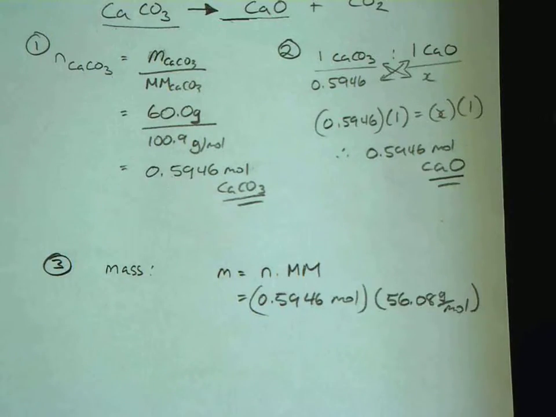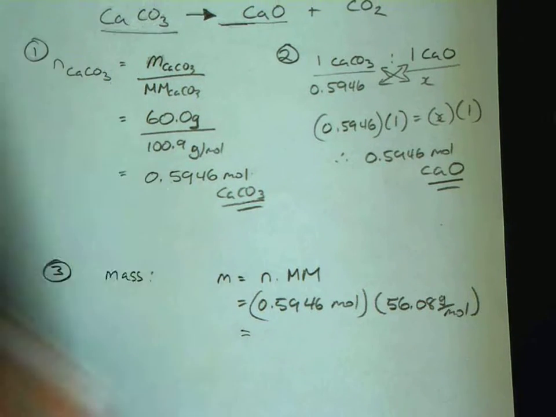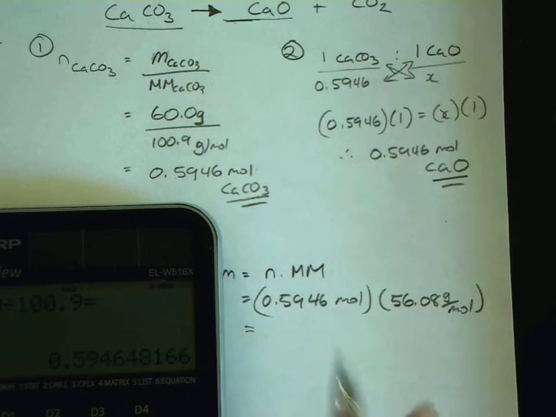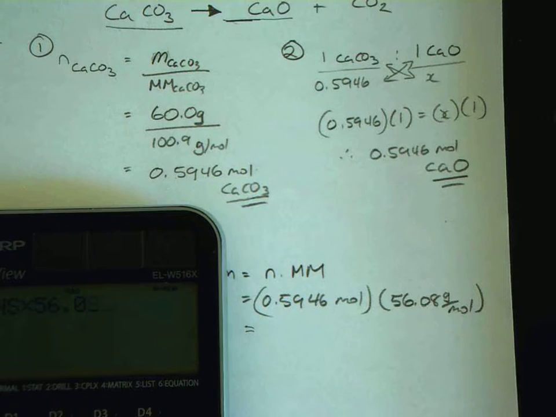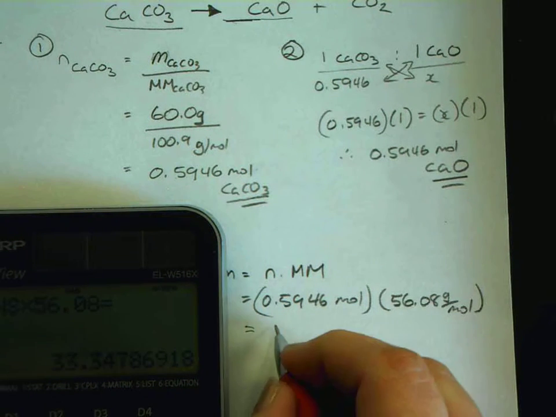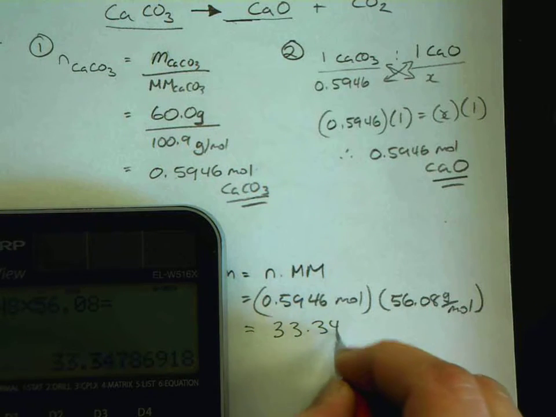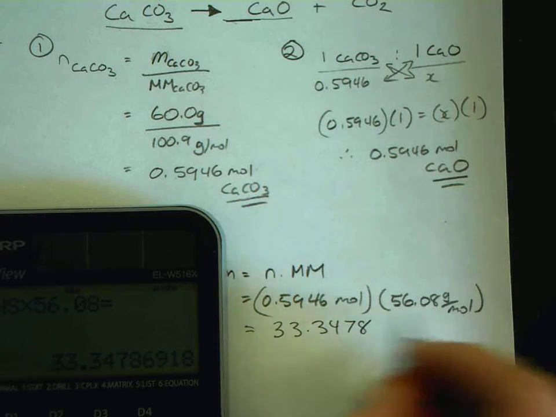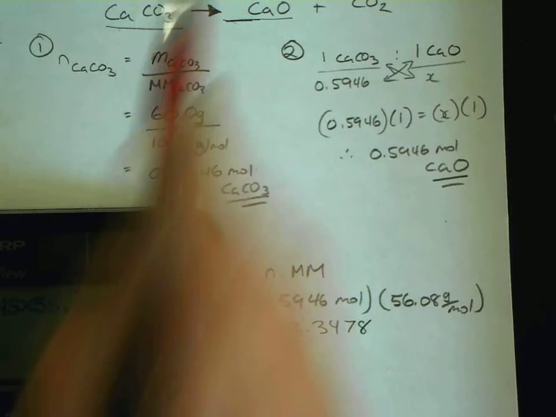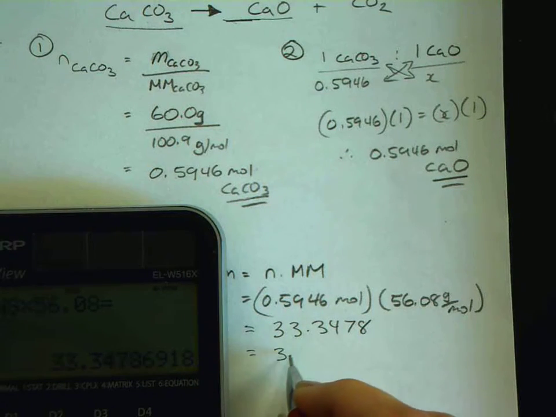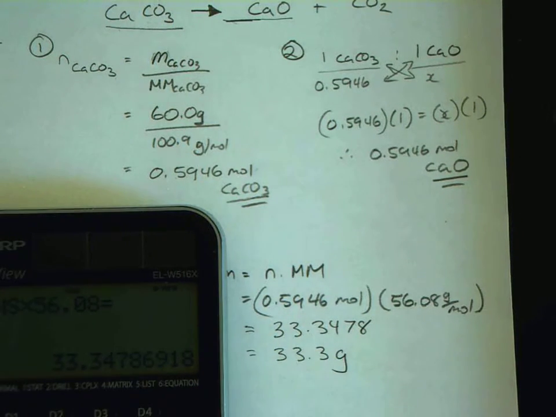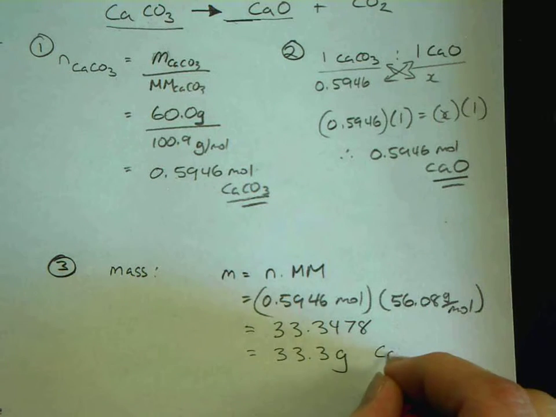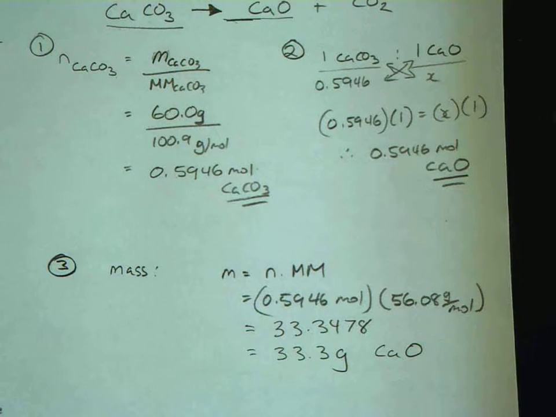I notice I still have that same number on my calculator. It ends at 46 on my page because I'm too lazy, but I have all of the rest of the decimal number there. So I'm going to multiply by 56.08, and I end up with 33.3478. My significant figures in this case would be 3, so why not 33.3 grams of calcium oxide. Awesome.